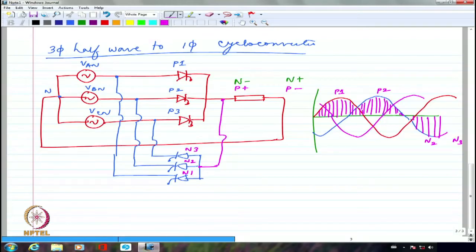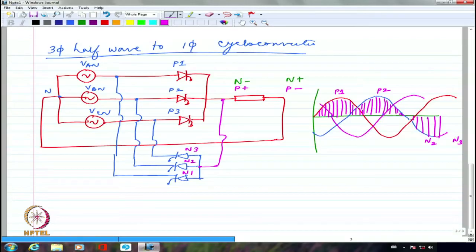If you keep on giving firing pulses, the current will never come down to 0. So you will not be able to go to negative half cycle at all. So once you hold off the firing pulses to the P converter, you should wait until the current comes down to 0. So it's very important in a cycloconverter to sense the current.